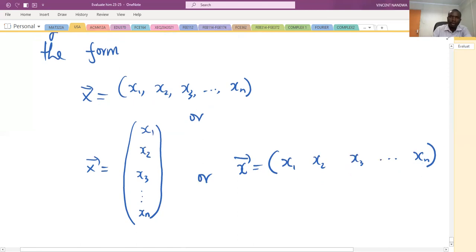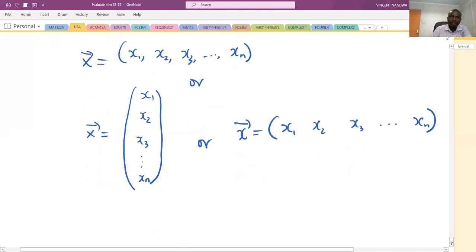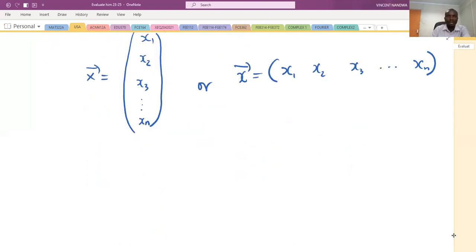So finally, let's define vector addition and scalar multiplication for Rn space.